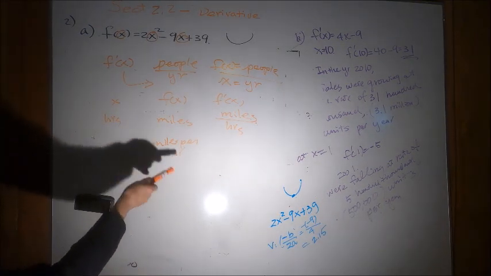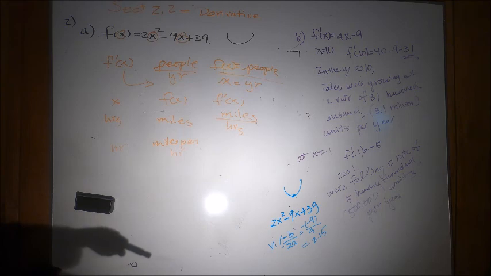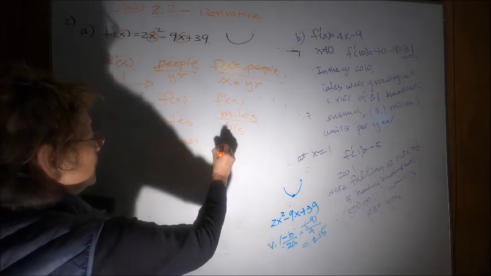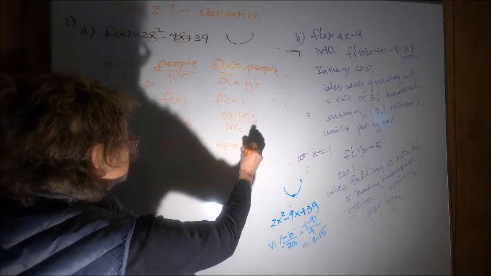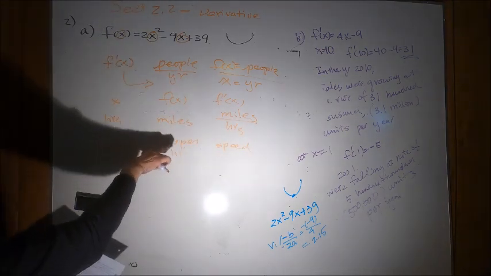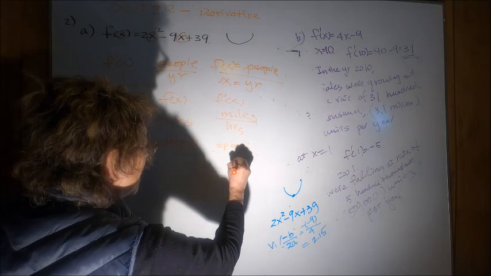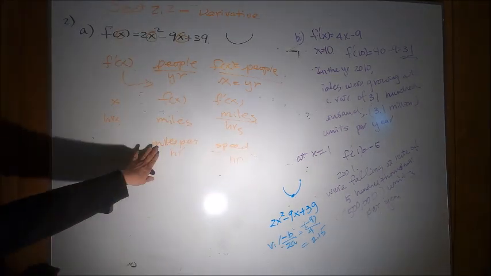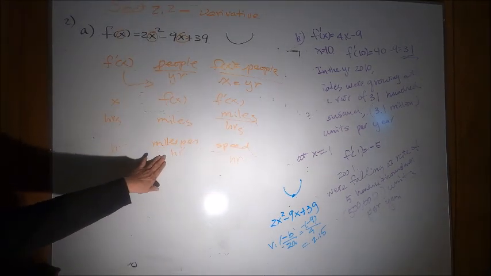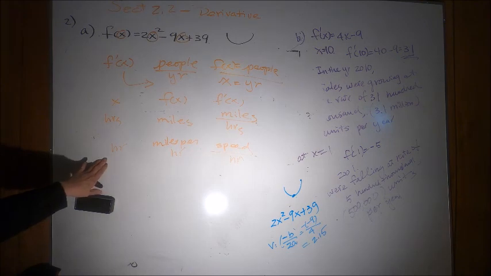So the change in miles per hour, that's your speed, right? So if the change between your speed, between your f of x over the time, miles per hour means your speed, then change per time, right?